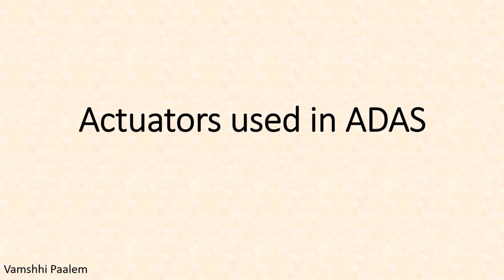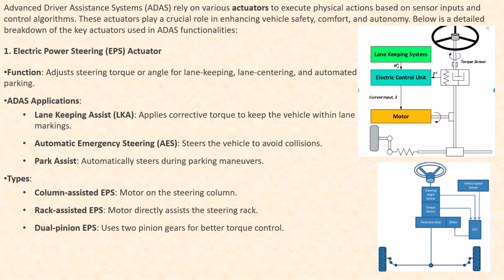Okay, so let's see briefly what are the various actuators that are used and what are their applications in ADAS, what is their importance in the context of ADAS. Advanced driver assistance systems rely on various actuators to execute physical actions based on sensor inputs and control algorithms.